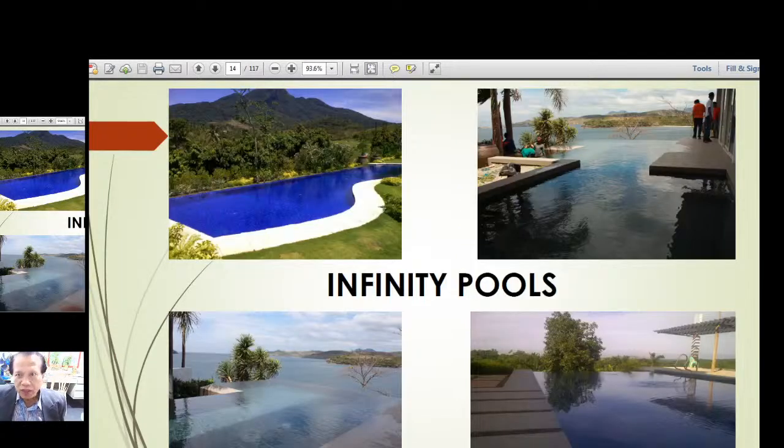And infinity pools. With infinity pools, usually you allow the water to fall on the end of the pool, so it will look like infinite or infinity, like this picture shown.